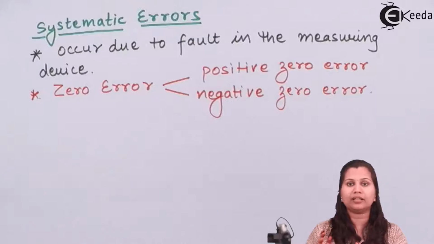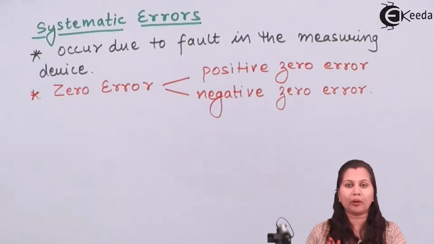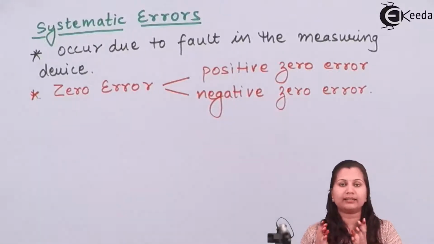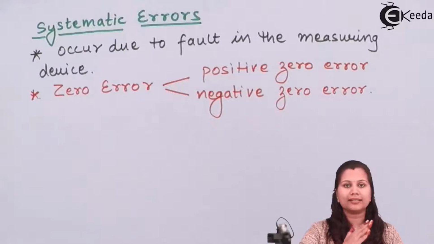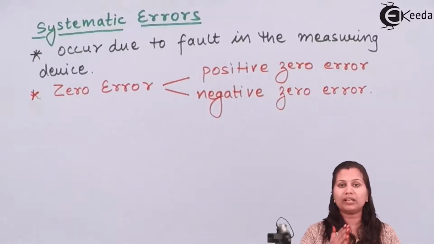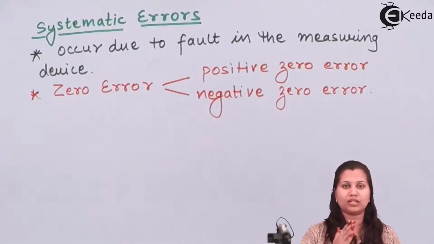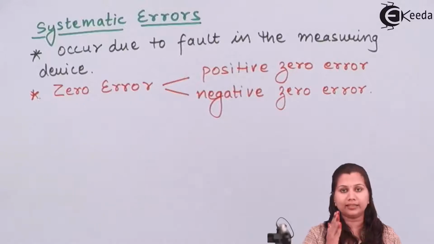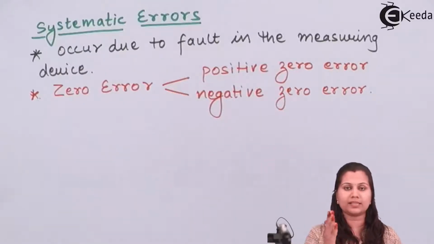So the ammeter will have the readings from 0 to 100. When the ammeter is not connected in the circuit, the pointer should be at the zero position. But when it is not at that zero position, and is just tilted towards the positive side or towards the negative side, then an error can occur when we are using that ammeter.